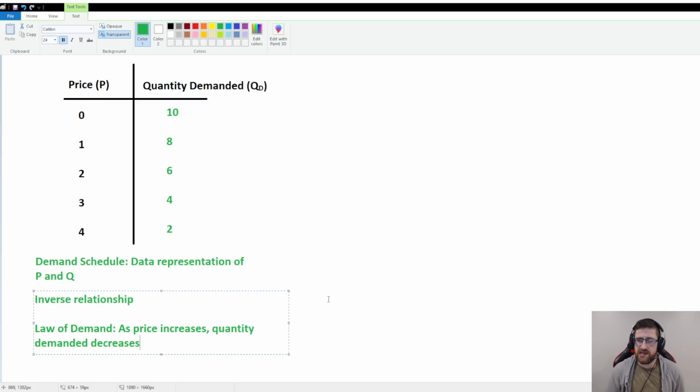Now, we should quickly take a side note here. A law in economics, or really any science, is something that can't be disproven. Now, in economics, that's very hard to do because when you're dealing with people, a lot of the time, people behave in unique ways, and coming up with a rule that works for every single person everywhere at every time is very tricky. Now, in something like physics, this is very easy, right? In physics, you have the law of gravity, law of thermodynamics, law of energy conservation.